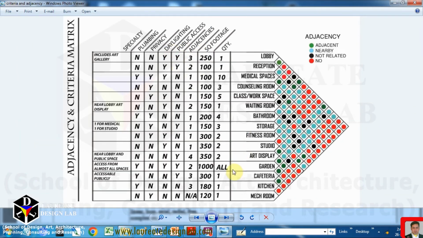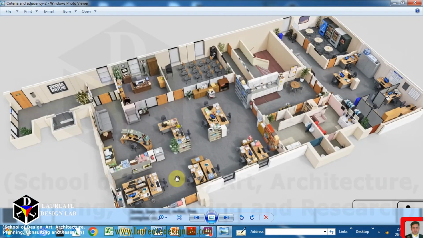Now we'll talk about adjacency matrix. It's again very important. So we have lobby positioned here. So lobby must be adjacent to 3 number. So which is on 3 number? This is the counseling room.